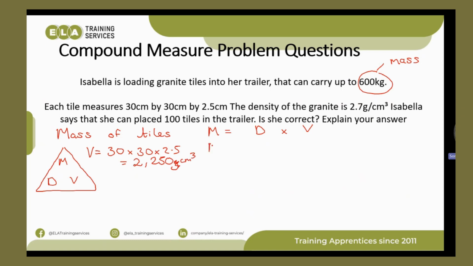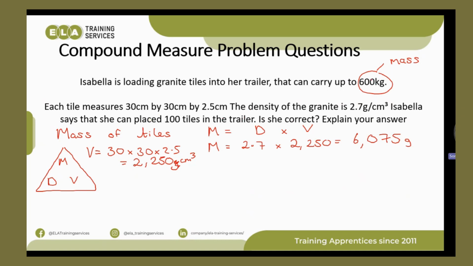So now the mass is going to be density, 2.7, multiplied by 2,250, and that's going to tell us how many grams each tile is. Each one is 6,075 grams.